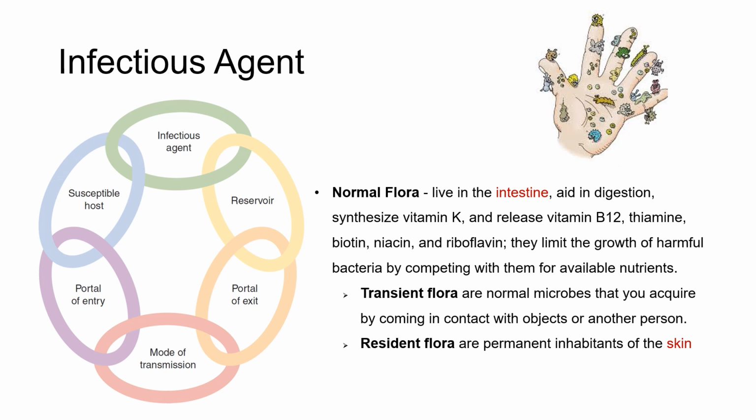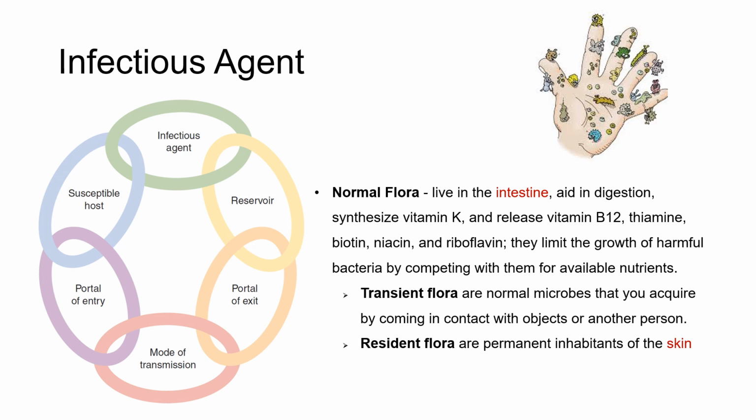A couple terms that you should be familiar with: normal flora. Normal flora live in our intestine and they help with a lot of different things. So they're good. Normal flora are good. Then we have transient flora, which are microorganisms in our environment we come in contact with, either by touching them or maybe another person.